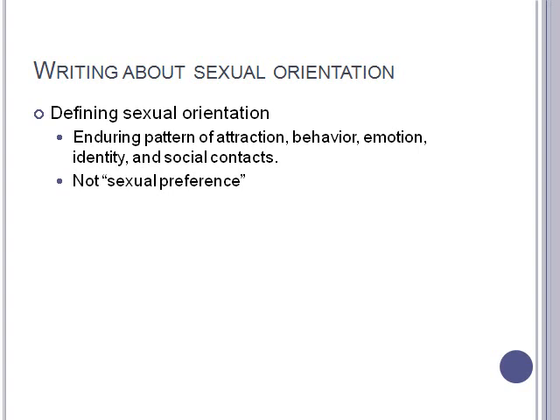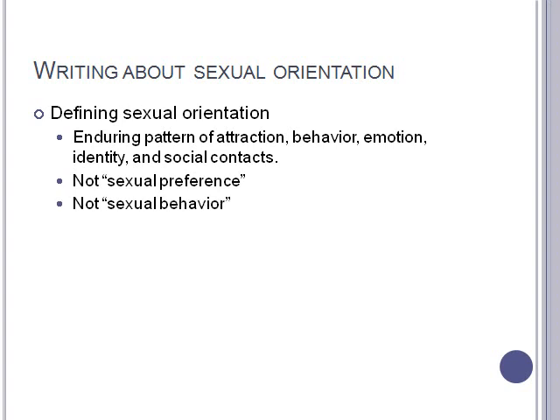If you're getting paid for sex, and men pay better than women, or women pay better than men, then you may prefer that group to have sex with, but you're not attracted to them. You don't have a pattern of attraction or emotional attachment to them, but you prefer that because it pays better. So sexual preference is not the same thing as sexual orientation. So generally, we don't use that term unless you are talking about something very, very specific.